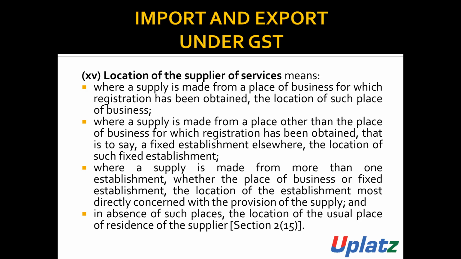To summarize: first, the location which is registered under GST. If it is not available, meaning the service is provided from any other place, then the fixed establishment from where the service is supplied. Number three, if the supply is made from more than one location, then the location most directly connected with the provision of supply.